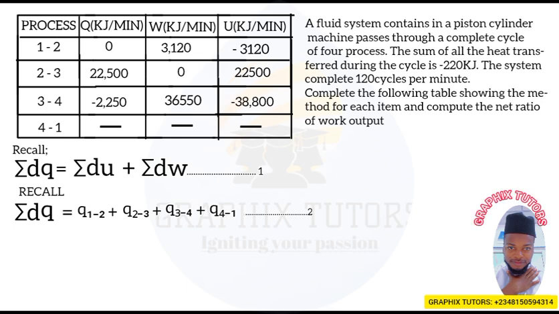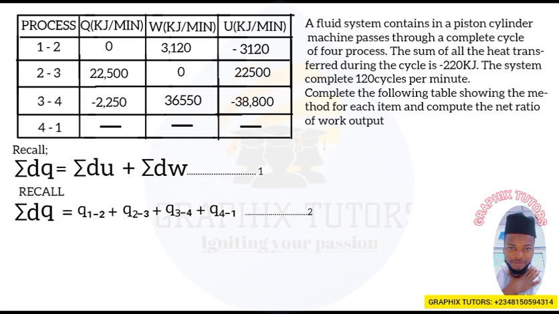If I say summation of boys in the class, it means the total boys in the class. So if I say summation of the heat here, it means you add all the heat together. So remember, it's a cycle. You start from 1, you end at 1. That's why you see the subscript of Q have 1 to 2, and the last one is 4 to 1. So we're moving in a cycle.